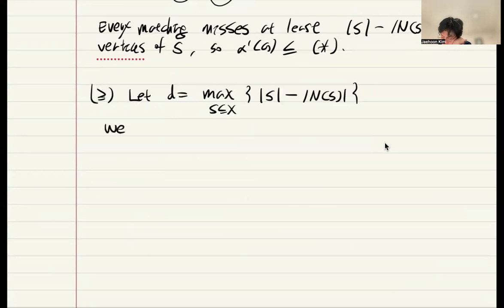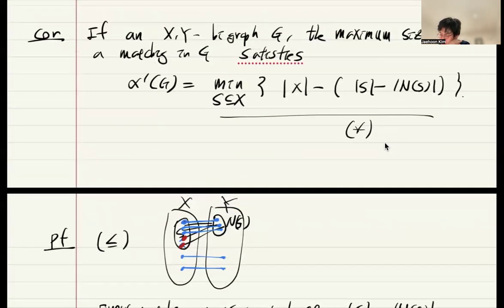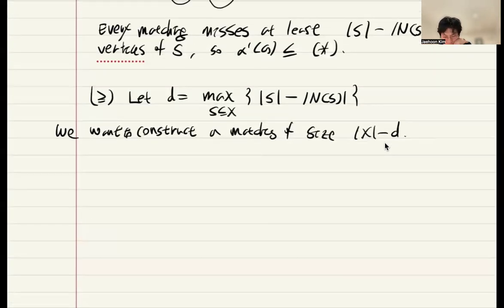It suffices to construct a matching of size |X| minus t. If we construct such a matching, then we win, right? This is the size of the maximum matching, and we just construct one matching with this size. So the maximum matching is at least as big as the matching that we just constructed.